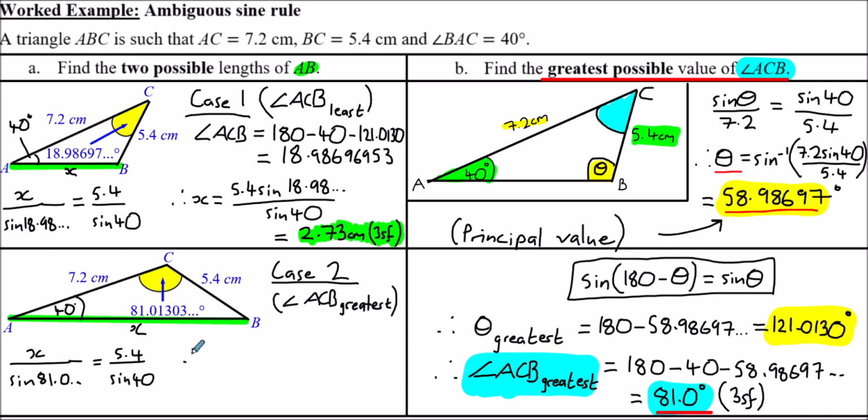So in the same way as before, just rearranging this to find x, for this case, we have that x would be 5.4 multiplied by sine of 81.01303 all over sine 40.